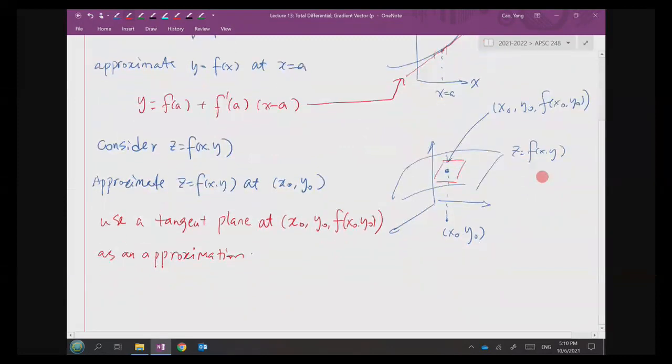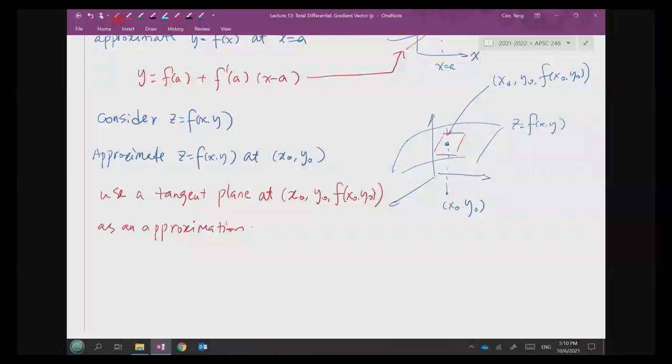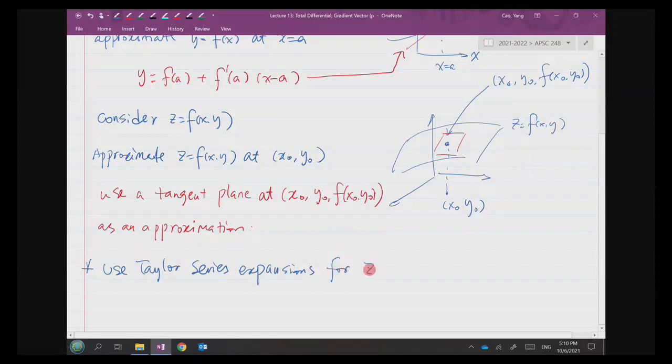But today we can use Taylor series expansion. I'm not getting into too much detail here. Taylor series expansion for z equal to f of x, y.